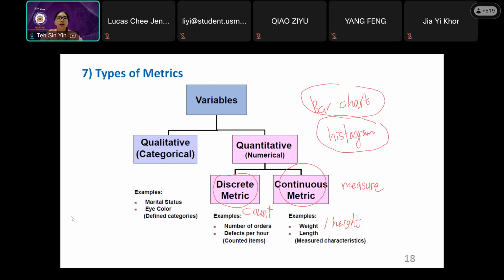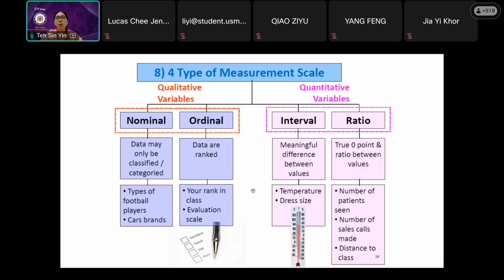Okay. Now, the next part will be the type of measurement scale. After the variable, we split into 4 types of measurement. The lowest level of measurement is the nominal level. The highest level of measurement is the ratio level.